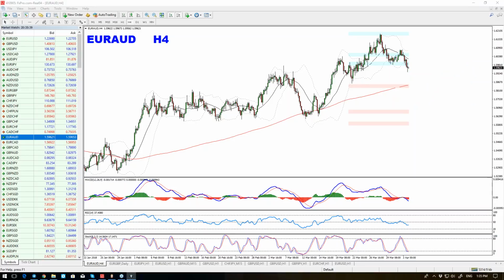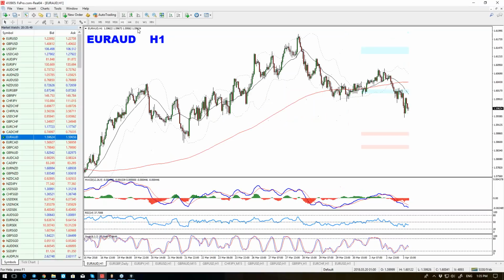So the daily and the 4-hour chart do not yet offer us long-term sells. Okay? That means that the only way to work was and remains also on the 1-hour chart.